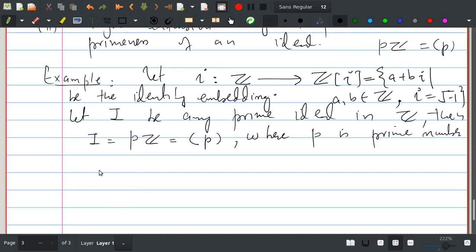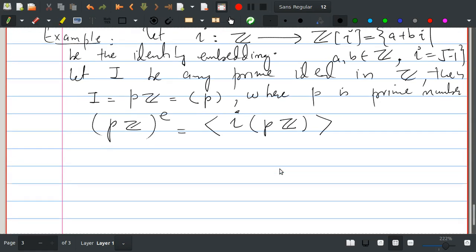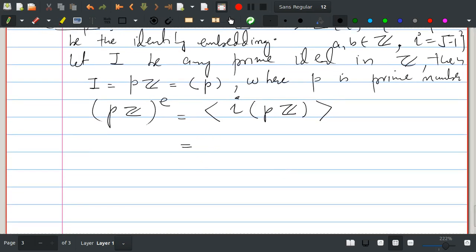Now if we look at the extension of pZ, this extension of pZ is actually the ideal generated by I(pZ). Now this is the same as the ideal generated by pZ in the ring of Gaussian integers.